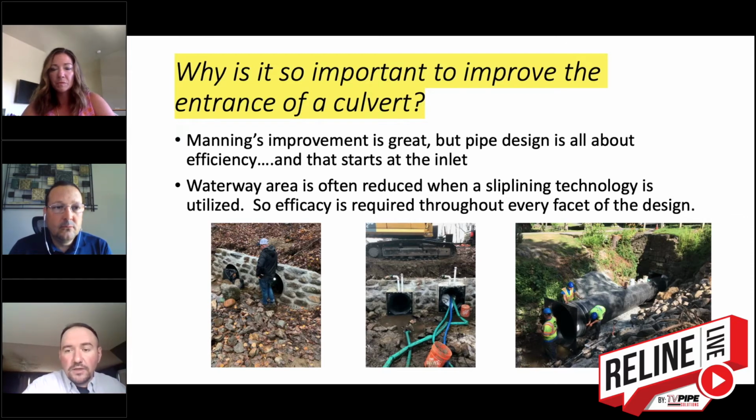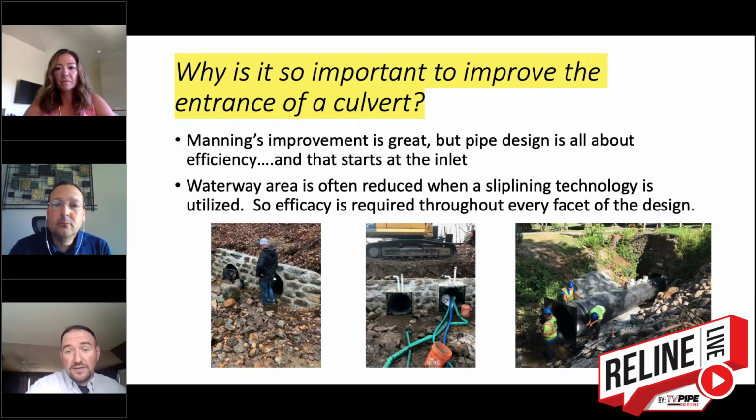But it doesn't mean we should neglect the inlet geometry. So once again, as I mentioned in the previous slide, waterway area: it's a pipe within a pipe, so most of the time you're 2 inches or 3 inches smaller, let's say when you're putting a Snap-Tite pipe inside of an existing corrugated metal.